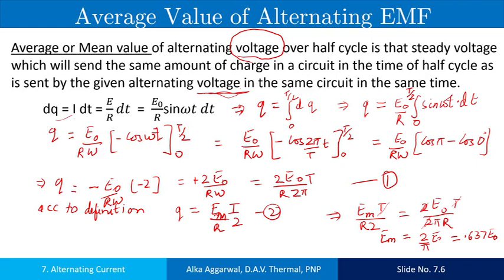In place of I we are using E upon R, and in place of E, E naught sin omega t, into dt. Now integrating it, the rest is the same. It is equation number 1. When it is compared with the second equation we are getting the same expression.